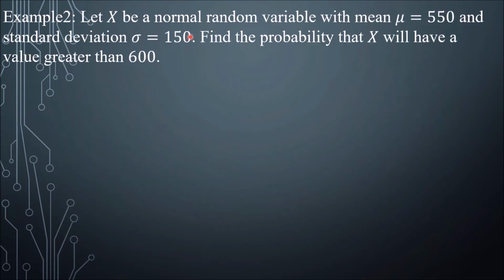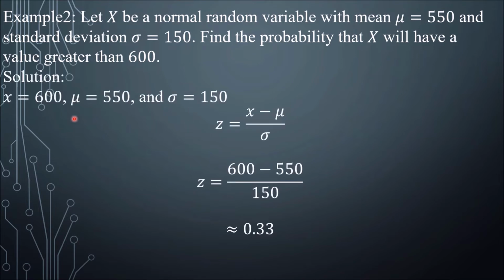Next, let x be a normal random variable with mean mu equal to 550 and standard deviation of 150. Find the probability that x will have a value greater than 600. So earlier it was less than; this time it's greater than.